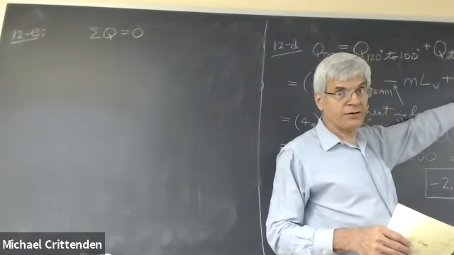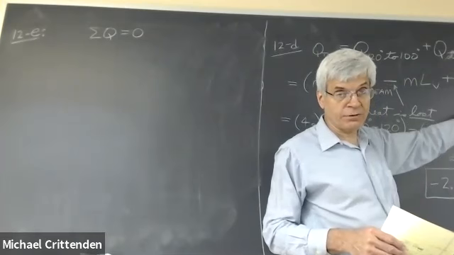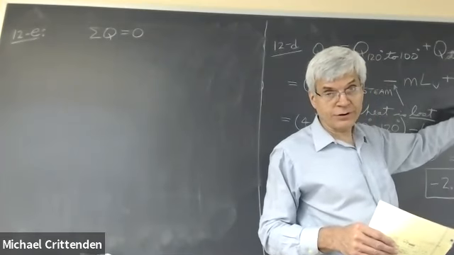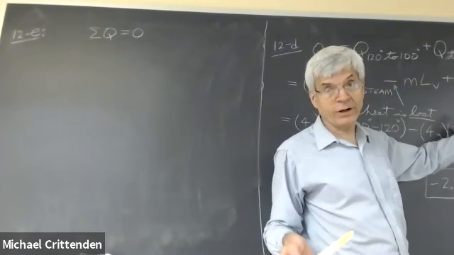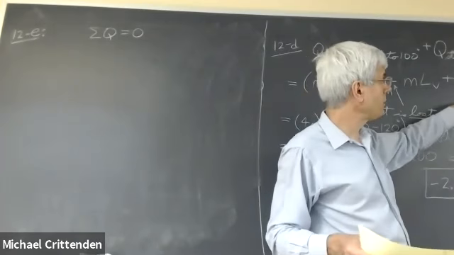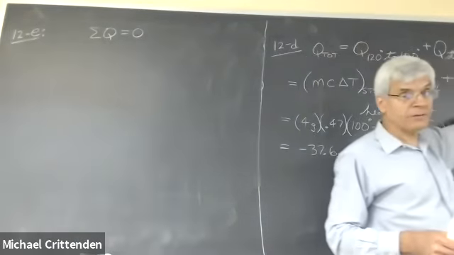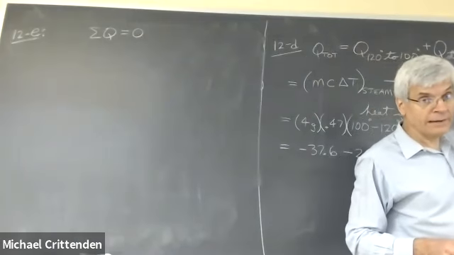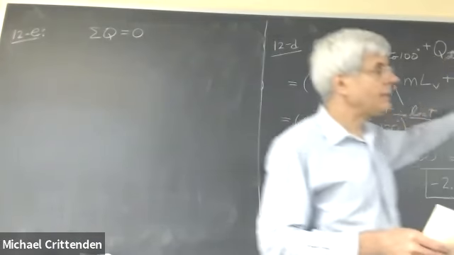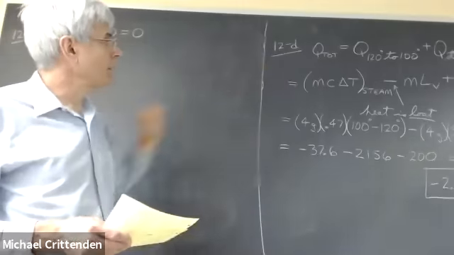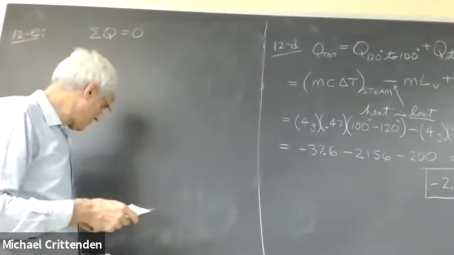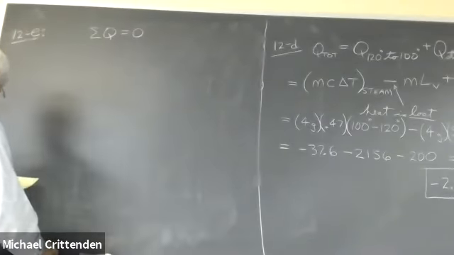The thing that's different this time is we don't know the final temperature. Finding the final temperature is the point of the question. That's what it asks for. So instead of 100 to 50, it'll be 100 to T final. And aside from that, it's just a rerun of what I had there in the previous example.